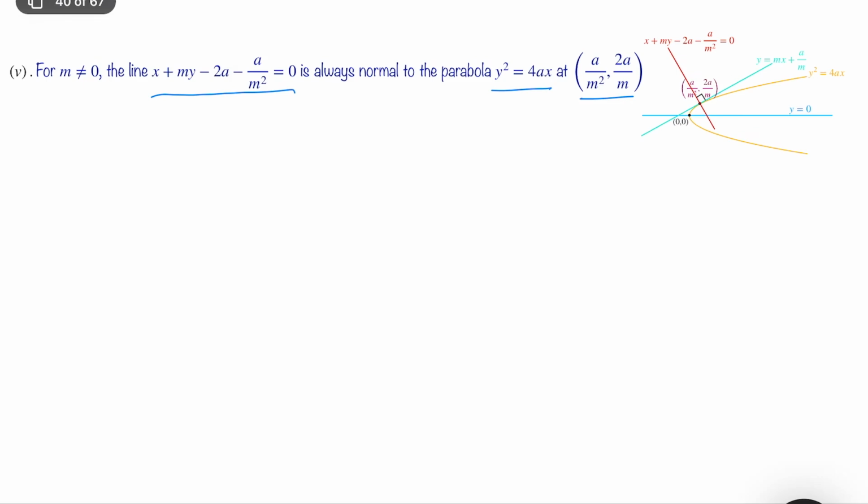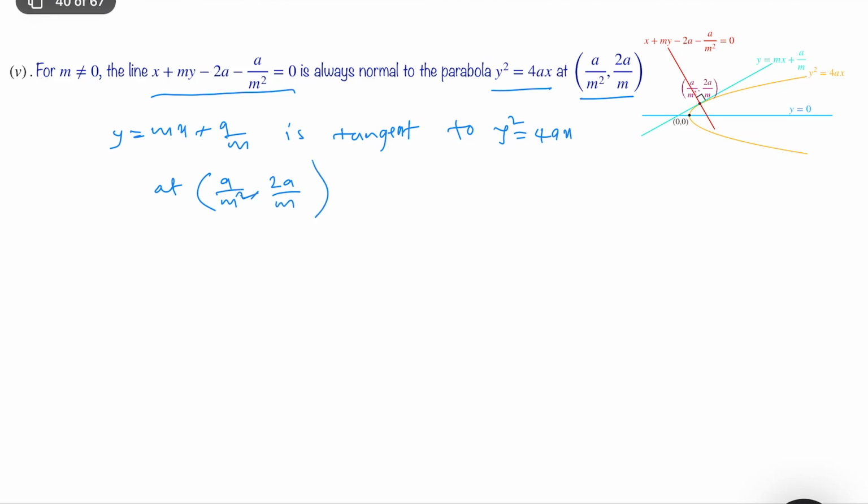First of all, we know that y equal to mx plus a by m, for any m not equal to 0, is tangent to the parabola y square equal to 4ax at the point of contact, that is a by m square comma 2a by m. Okay, fine.